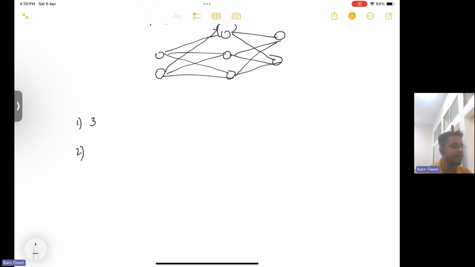The second question: we have trained the above RNN and it has learned the weights and biases accordingly. If the weight of X1 to h_1 at S5 is 2, what will be the value of the same weight at S6?